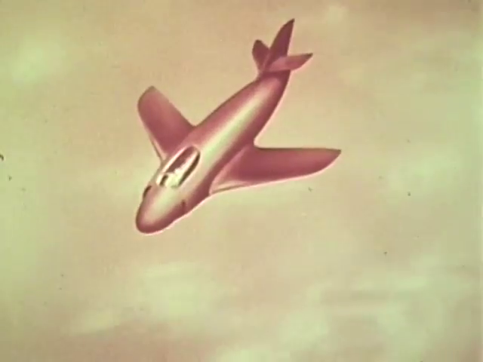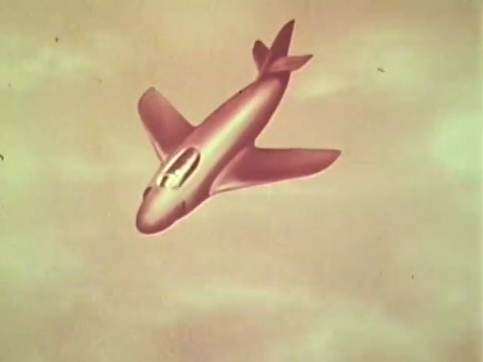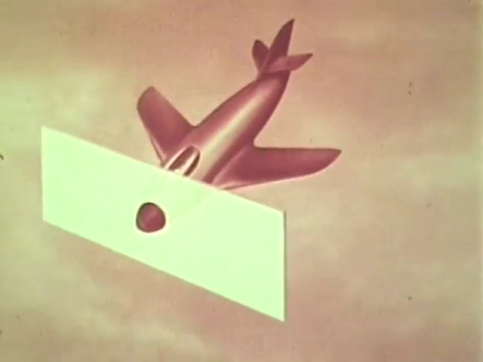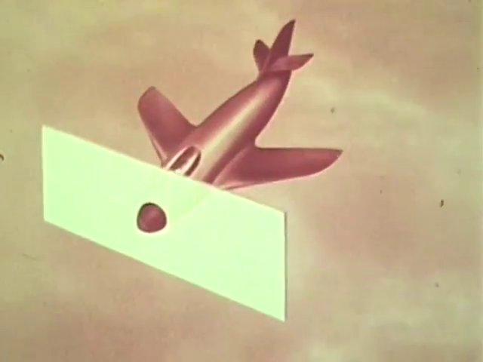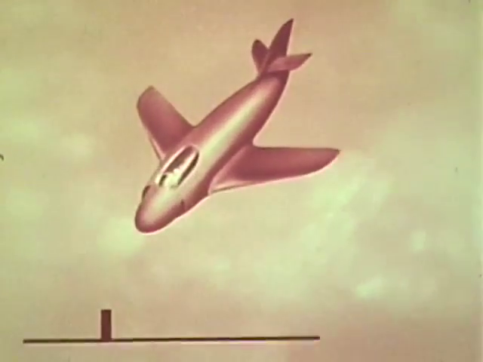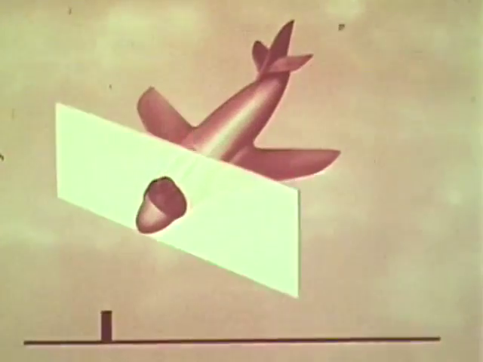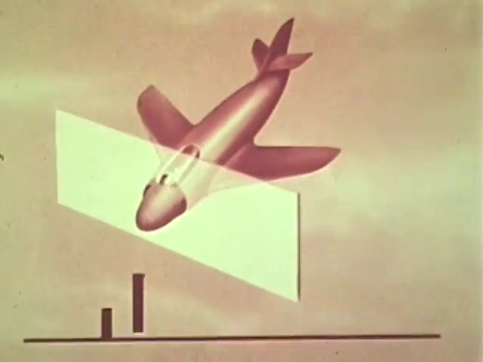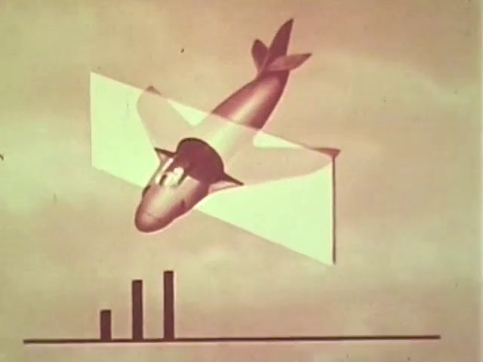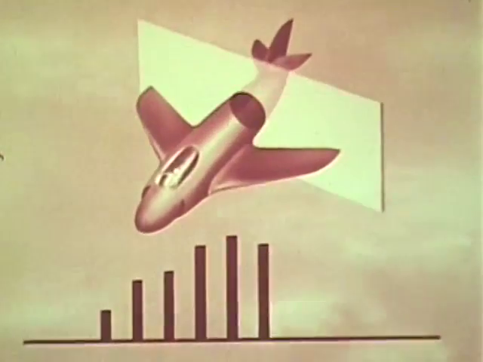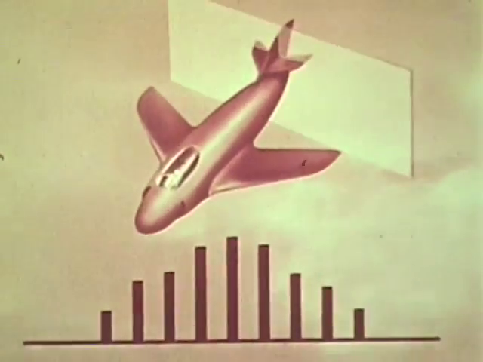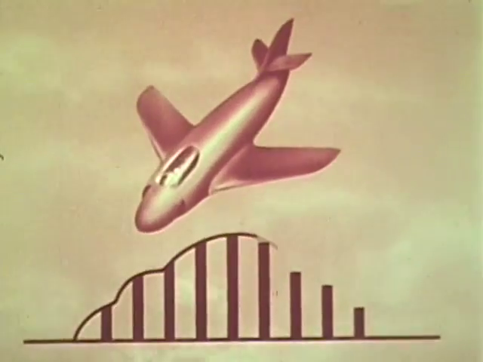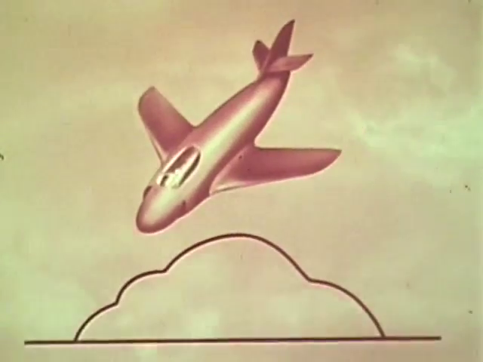Consider this aircraft. Take a section through it at right angles to its axis. So. Represent the cross-section on a graph. Do this at points all along the axis. The resulting curve is irregular.